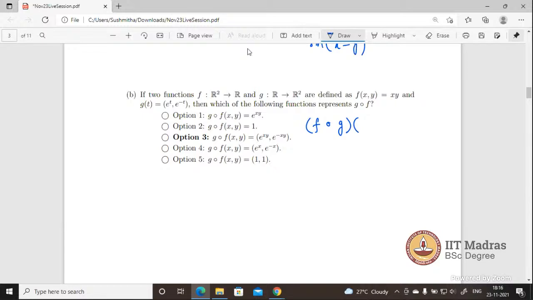It's X, because the domain of G is R. So it's going to be only X, right? Yes, ma'am. So f of G of X. Where is G of X? It's in R2, and the domain of f is R2.